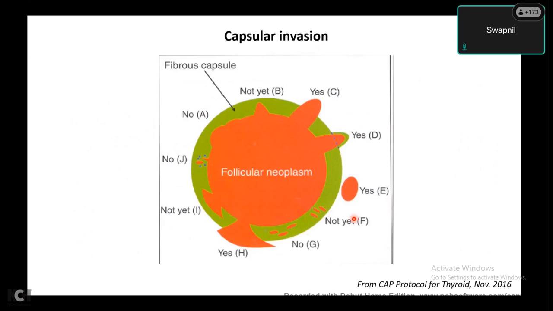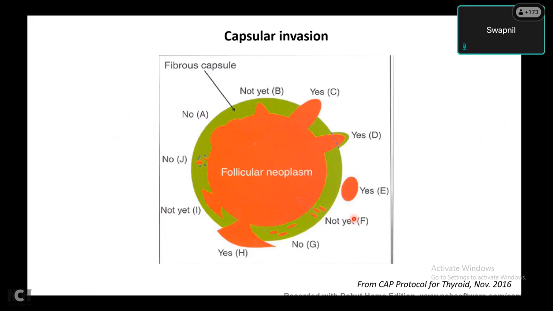So if you see classical PTC, you essentially also want to have the neck node dissection and things like that. But encapsulated follicular variant of PTC or follicular carcinomas, whether minimally invasive or widely invasive, are unlikely to have nodal metastasis.